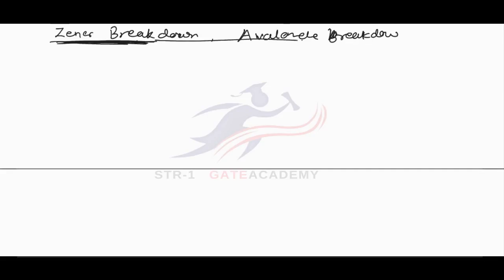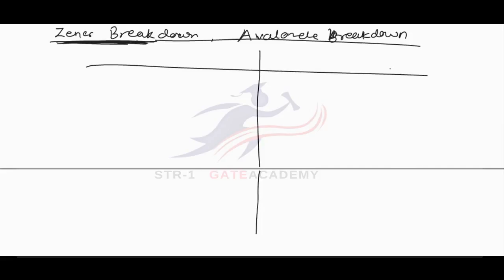We will see the difference between these two breakdowns. Obviously, these two breakdowns are in reverse bias diode only, but depending on the doping of diode, there will be only one breakdown in each diode. Zener diode, Zener breakdown, and avalanche breakdown. We will see the difference between these two breakdowns.